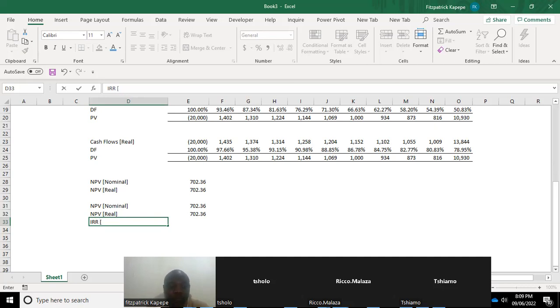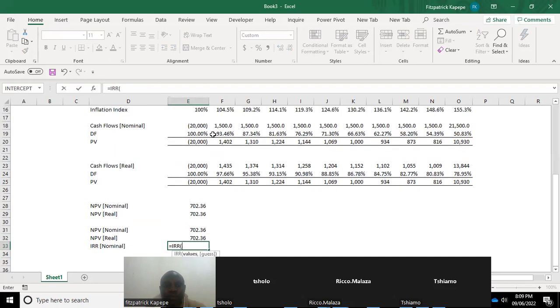Sorry. So for the nominal, you can say IRR, then pick the cash flows under nominal, which is these numbers here up to there, enter, get a percentage.